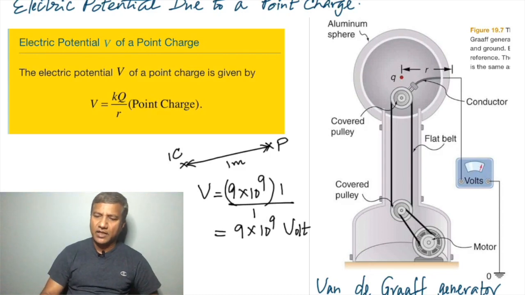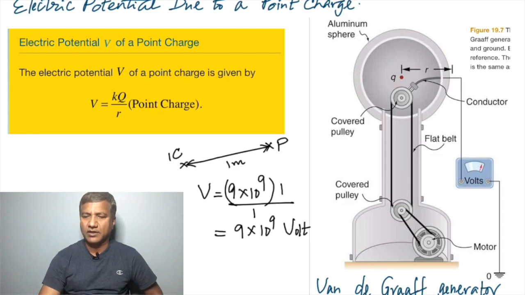Now on the right side, what we have is called a Van de Graaff generator. This Van de Graaff generator has a hollow metal sphere on top. And there is an electric motor down below with a pulley. This pulley is very important because it's able to get charged.